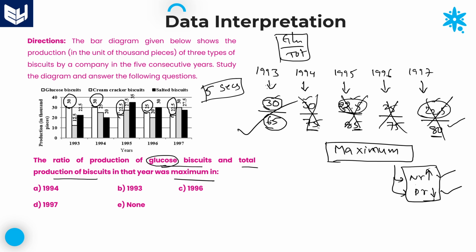Because of that, you can directly keep the answer as 1993. The ratio of glucose biscuits to total production of biscuits was maximum in 1993. Option B is the right answer for this question.